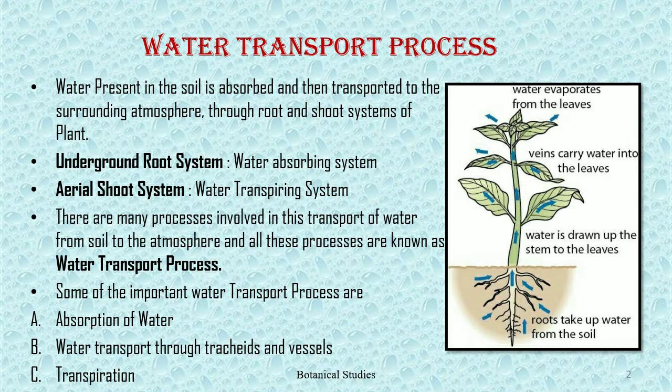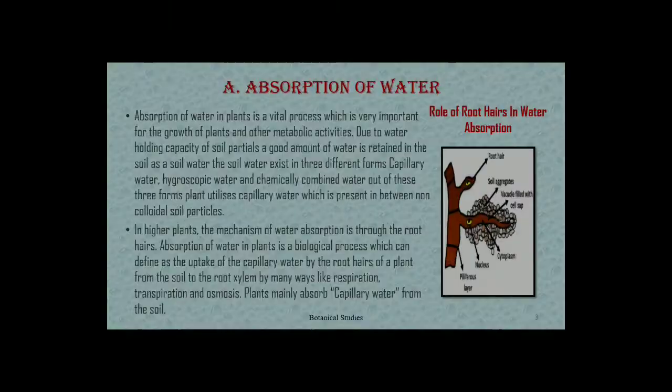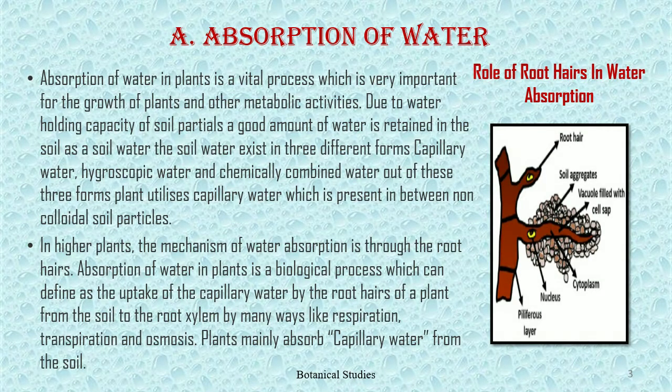Some of the important water transport processes are absorption of water, water transport through tracheids and vessels, and finally transpiration. Absorption of water. Absorption of water in plants is a vital process which is very important for the growth of plants and other metabolic activities.